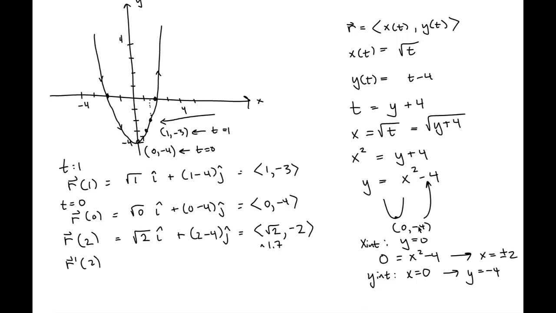This point right here represents t equals 2, and it is the point given by root 2, minus 2, and we could draw the position vector. There is our position vector, which I will label r vector of A.